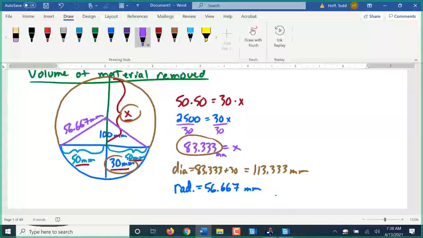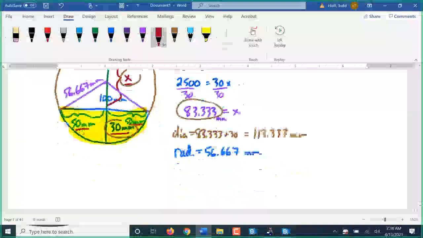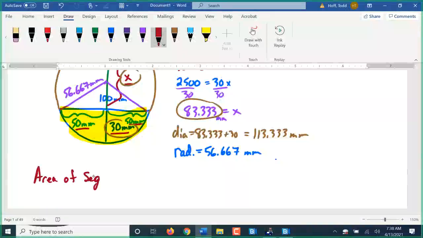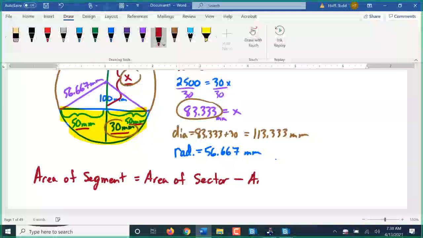To find the area of the segment, remember we're looking for the area of this piece down here. We need to know two things. Remember, the area of a segment is equal to the area of the whole sector minus the area of the triangle.